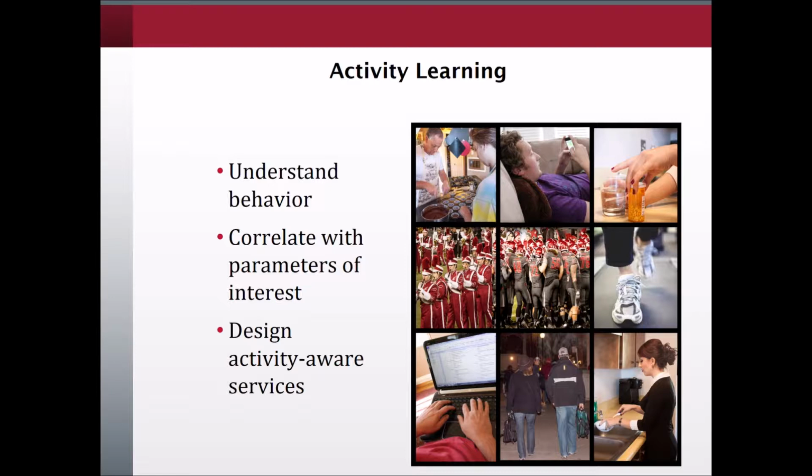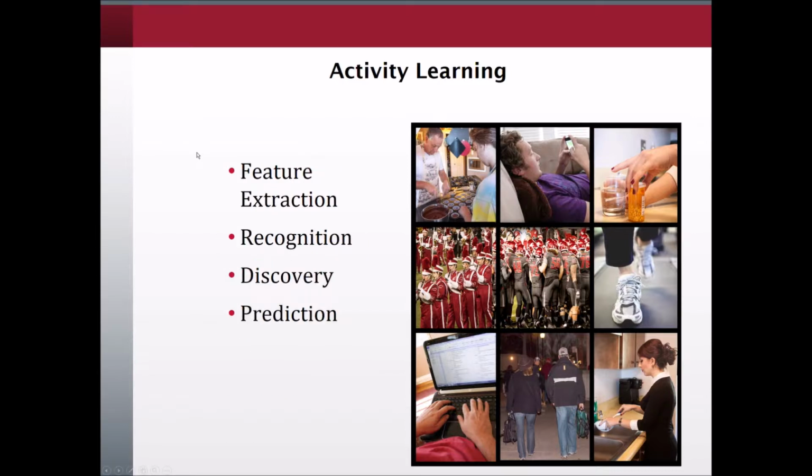Learning and modeling activities also provide a basis for designing activity-aware services, such as home automation, health intervention, and automatically contacting emergency service providers. In this course segment, we will introduce several techniques for analyzing sensor data in order to recognize, to discover, and to predict occurrences of activities.